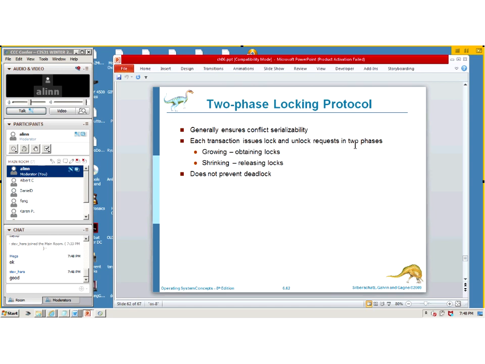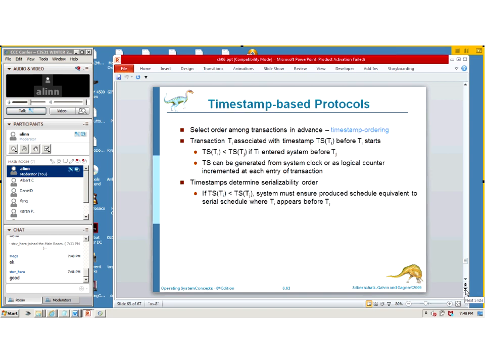Each transaction issues locks and unlocks in two phases: one is growing, obtaining, and one is shrinking, releasing locks. As long as you manage these transactions, you can prevent deadlock in this mechanism. There are other ways where you can't.